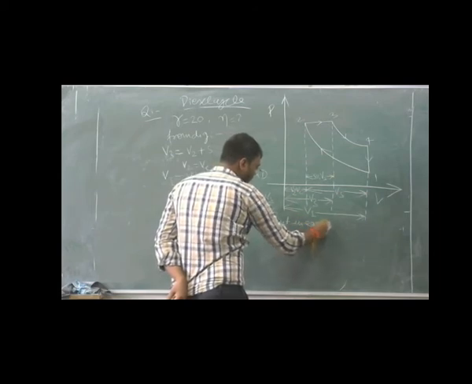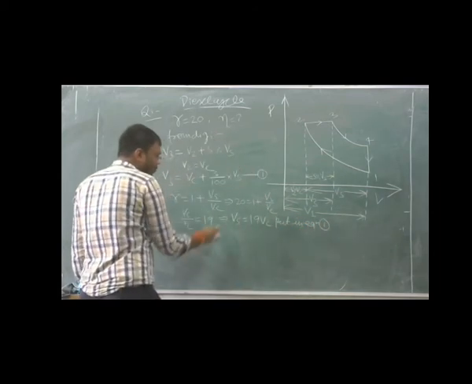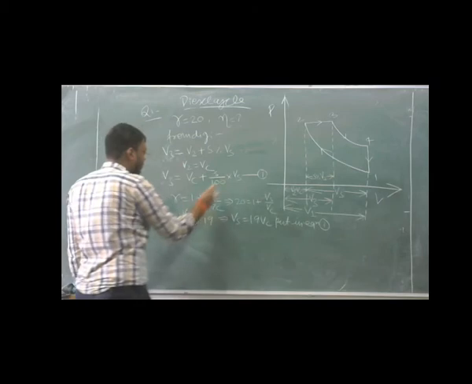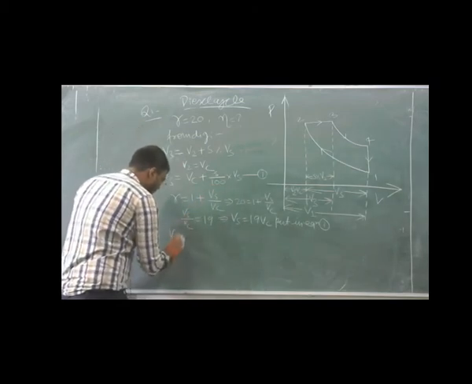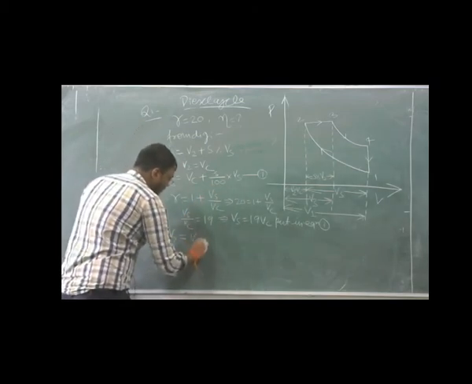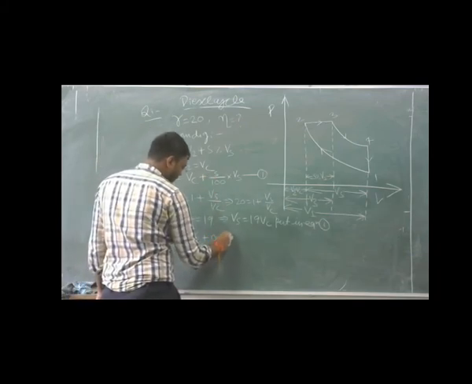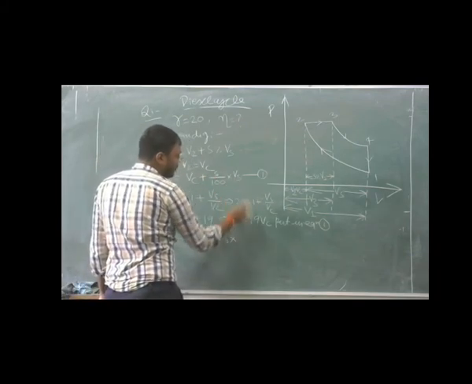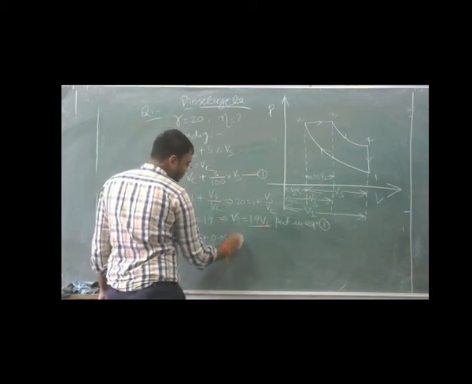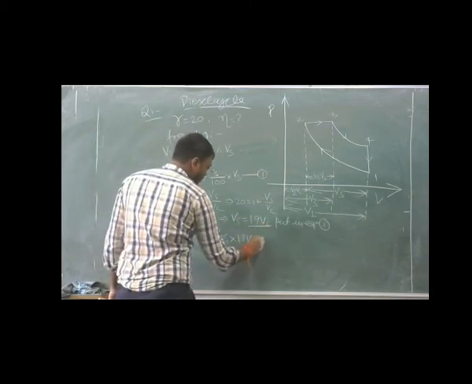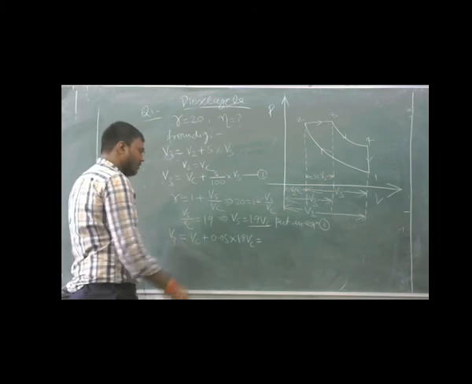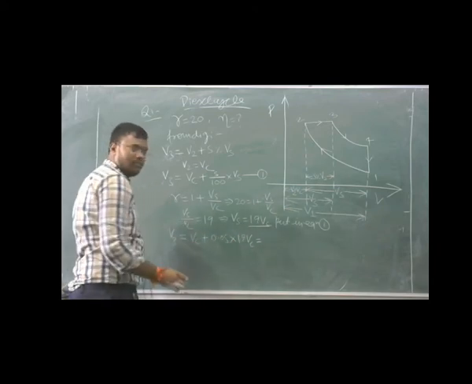So when you put this value 19 Vc in equation number 1, you will get the value of V3 equal to Vc plus 0.05 into Vs, which is 19 Vc. So 0.05 times 19 is 0.95.